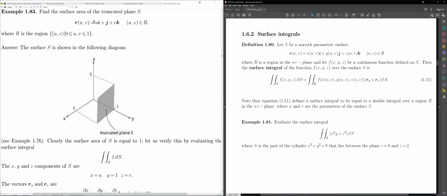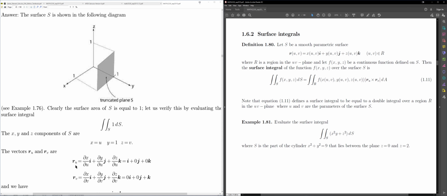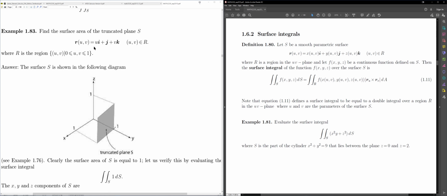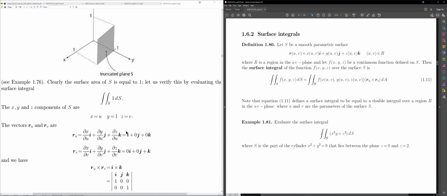So RU just turns out to be equal to I, right? You get I over here, 0J and 0K. So the RU is just I.